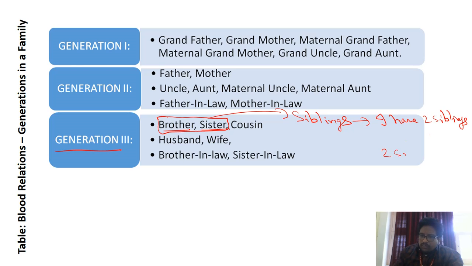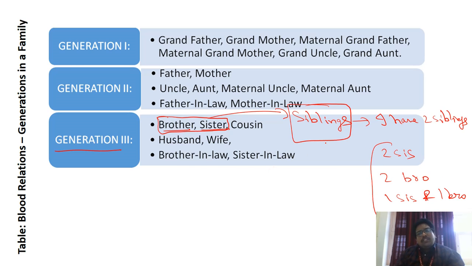I can have two sisters, or two brothers, or one sister and one brother. Again, we have subcategories: two younger sisters, two elder, one younger, one elder, younger sister, elder brother. So there are different possibilities here. For that, a simple word we use is sibling. Sibling is singular, siblings is plural.